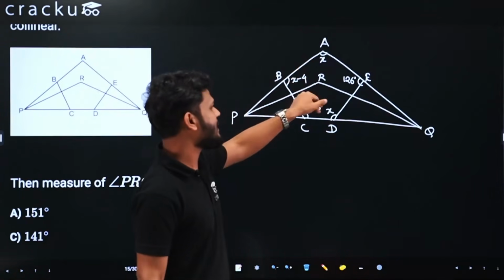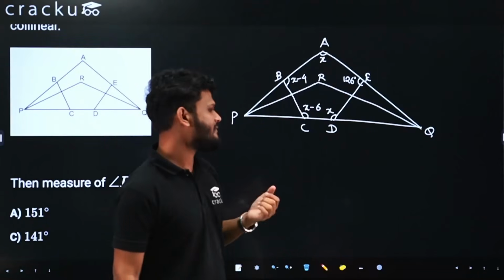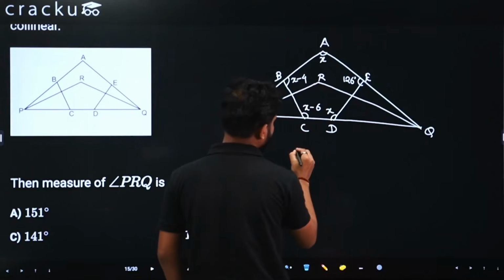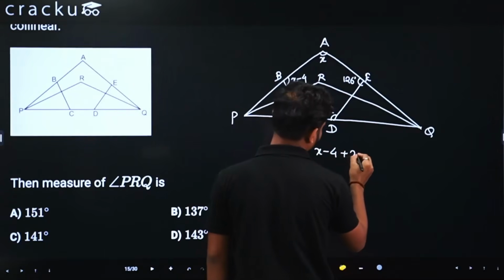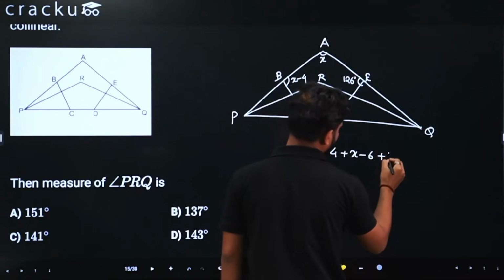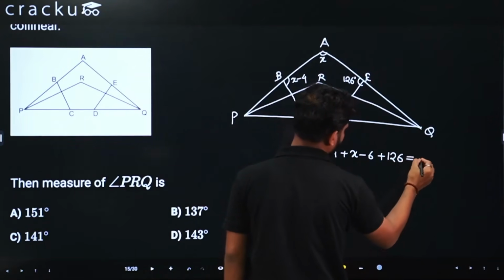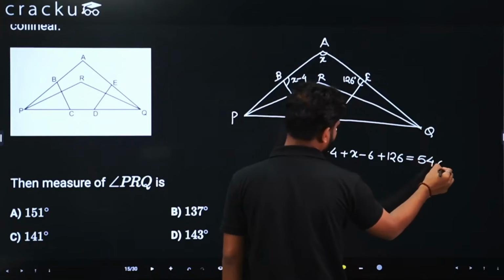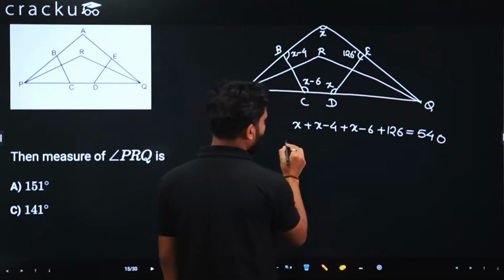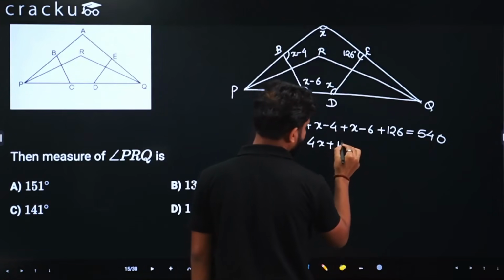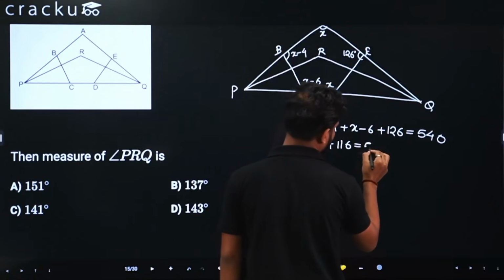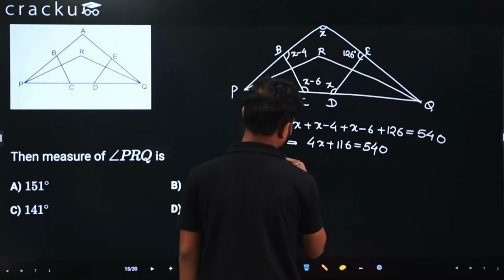Now in the pentagon, the sum of all angles is 540 degrees. So X plus X minus 4 plus X minus 6 plus 126 is equal to 540. Now what will happen from here? You will get 4x plus 116 is equal to 540.